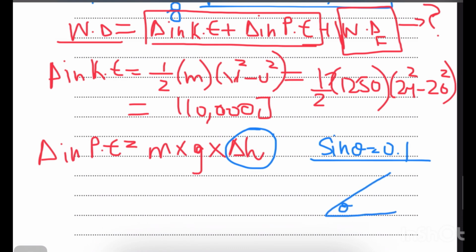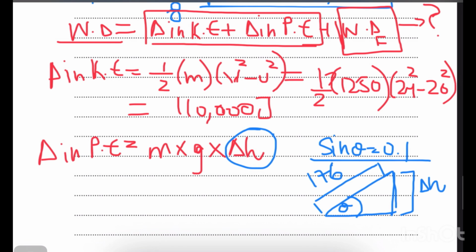This is the angle theta at which it is inclined. If we draw a line over here, this becomes a triangle, and sine theta is always the perpendicular over the hypotenuse. And since the car is traveling downwards, the hypotenuse will be equal to 176 meters, which is the total distance traveled. And this vertical length is the change in height.